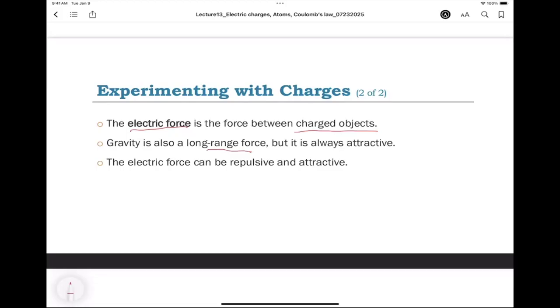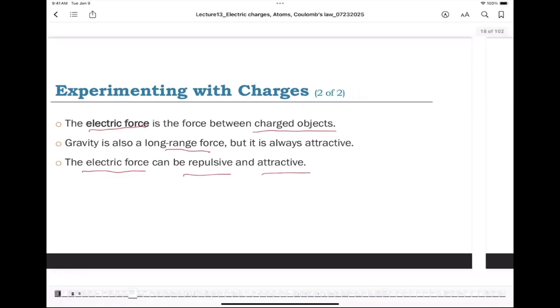The electric force can be repulsive or attractive. Sometimes it will be repulsive and sometimes attractive, and we will talk later about when it will be repulsive and when it will be attractive.